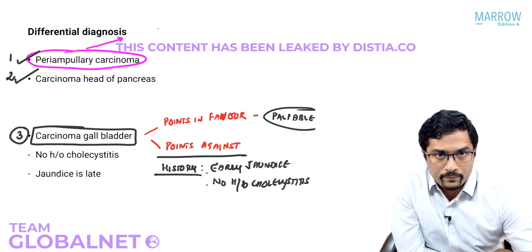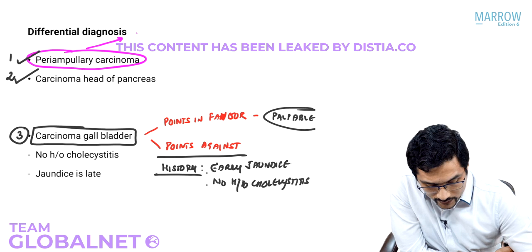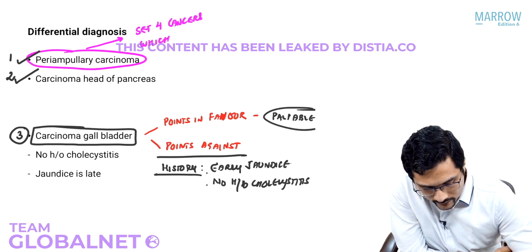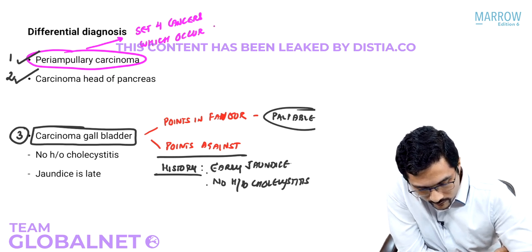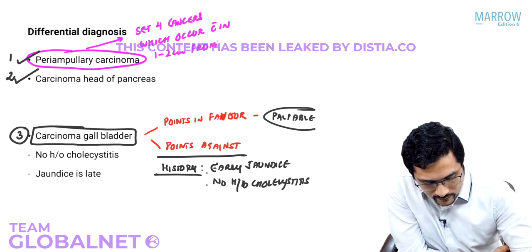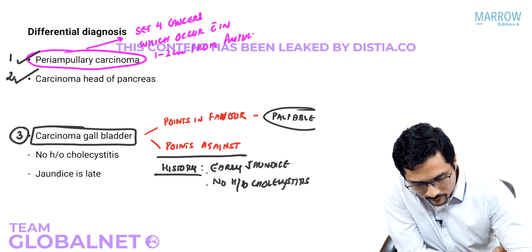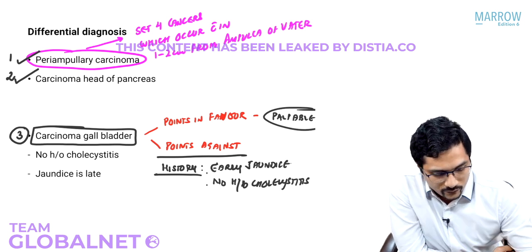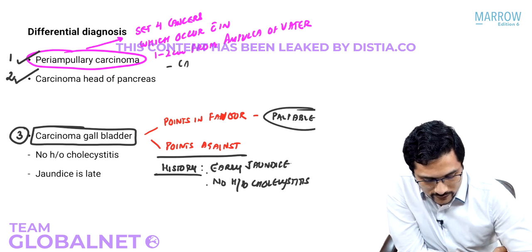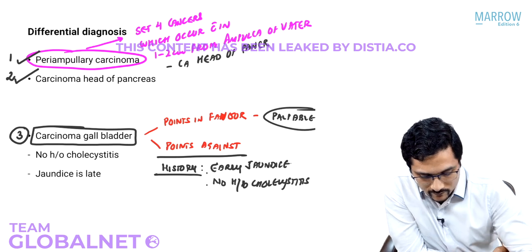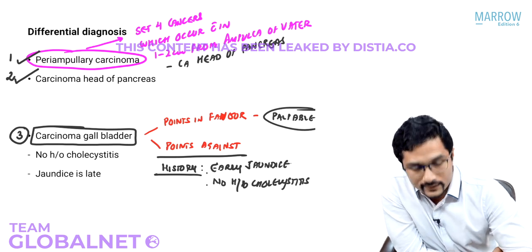Periampullary carcinomas are a set of 4 cancers which occur within 1 to 2 centimeters of the ampulla of Vater. What are the 4 cancers? The first one is CA head of pancreas, which is the most common.